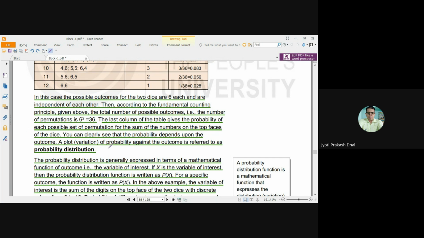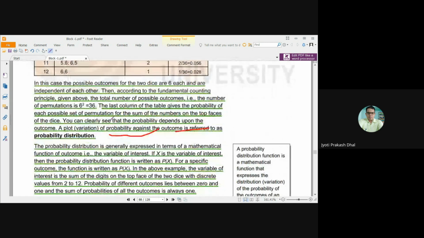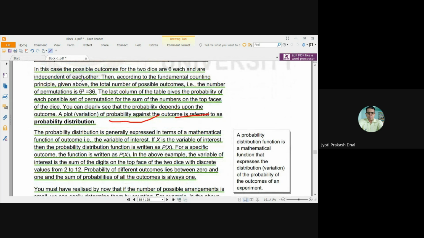A plot of the variation of probability against the outcome is referred to as the probability distribution curve, or simply the probability distribution. The probability distribution is generally expressed in terms of mathematical functions of the outcome, which is the variable of interest. If x is the variable of interest, then the probability distribution function is written as P(x).